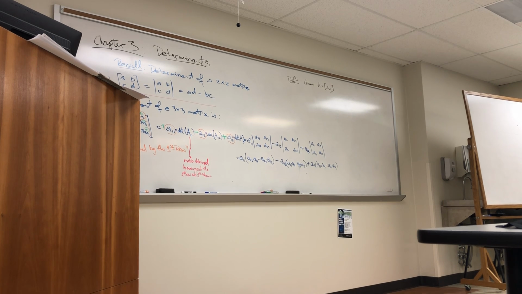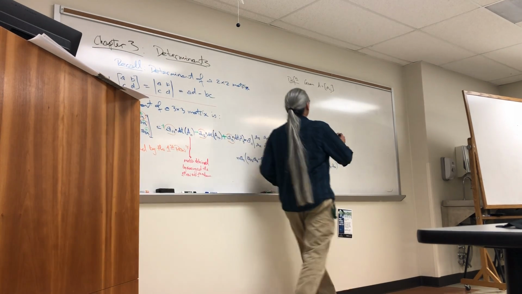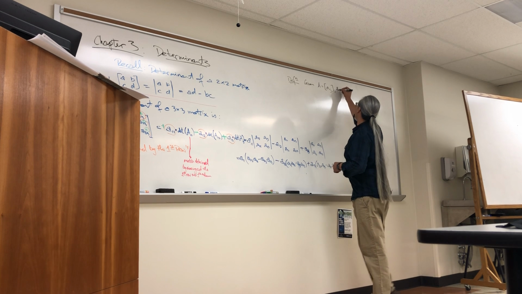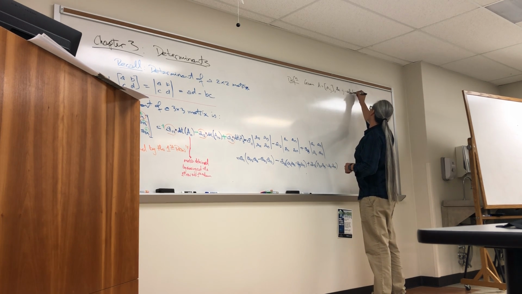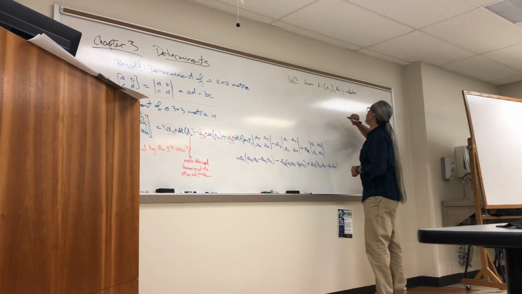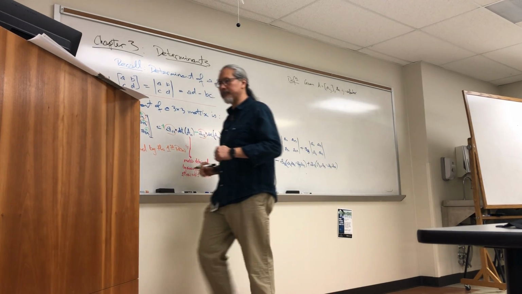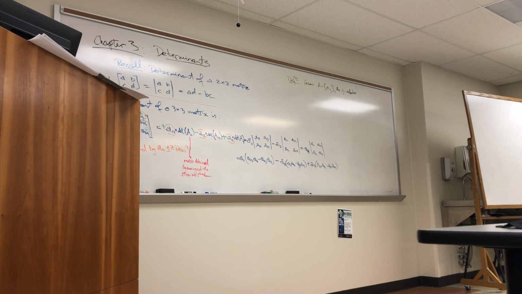This could be any size matrix, not just a 3 by 3, but any n by n. It should be a square matrix though. The ij cofactor of A is a number, C sub ij. So that's what we're defining.